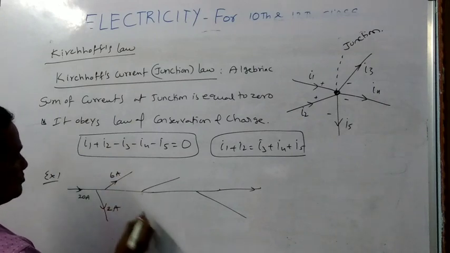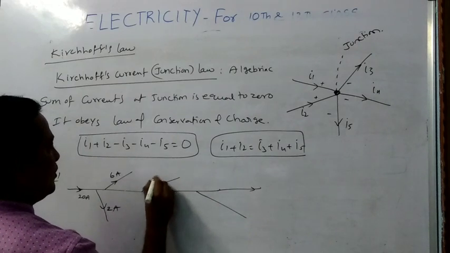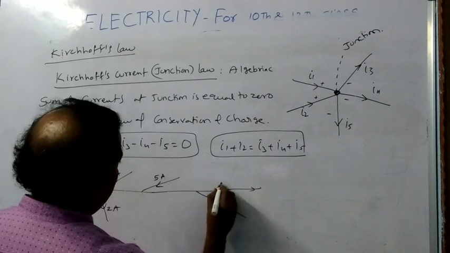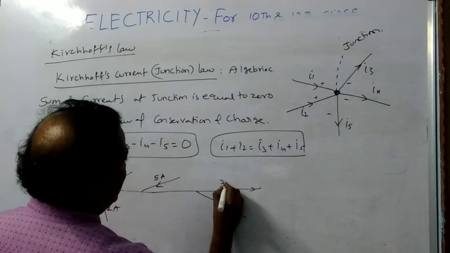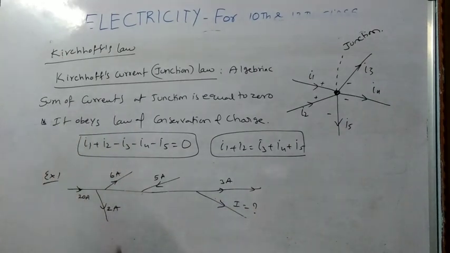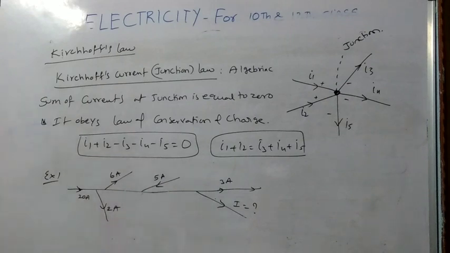Here is 2 amps. This arrow mark is 5 amps. This is 3 amps. What about the value of this one? If the circuit is like this, what is the value of I? That's the question.